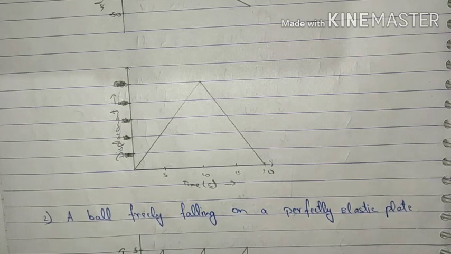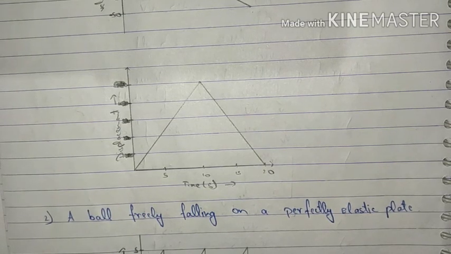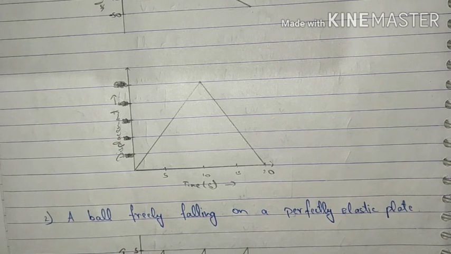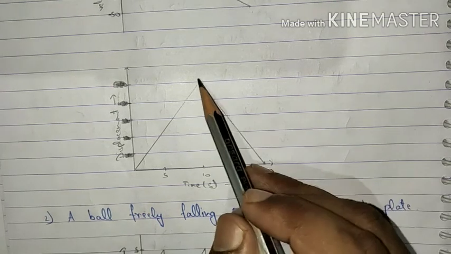Let's try to plot the same condition on a displacement time graph. Now, when the ball is in our hand, the net displacement will be 0, and as the ball is thrown upwards and it keeps on moving upwards, the displacement will keep on increasing, and ultimately at the peak point, or you can say the highest point which the ball can attain, the displacement will be maximum over there.